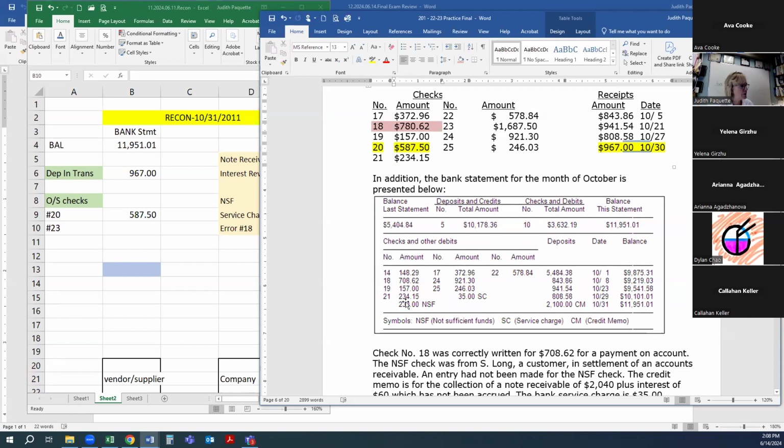Check 21, good. Check 22, so there. And a real easy way to make a mistake on these checks is to make sure you've looked at all of the checks here. Check 23, 1687 off, did not clear. So we're going to mark check 23 here.